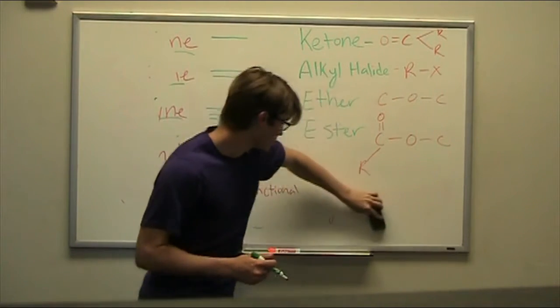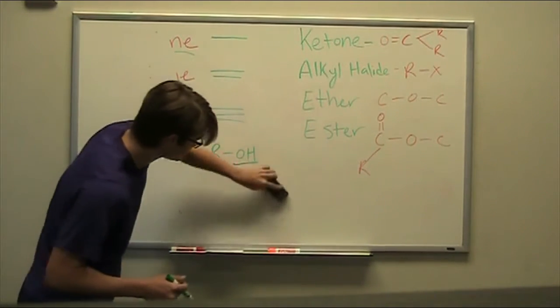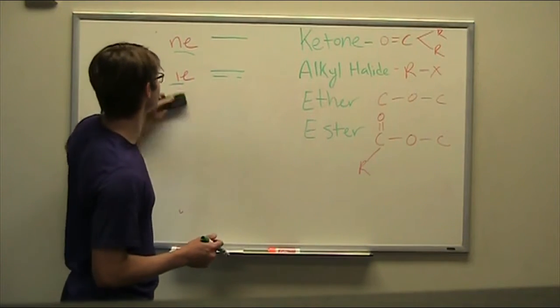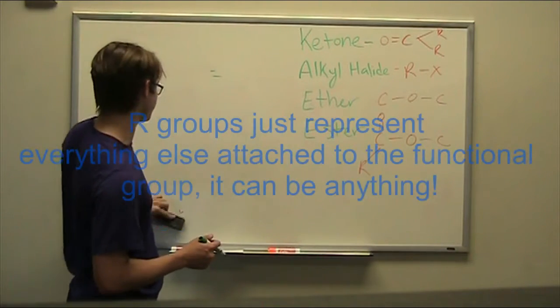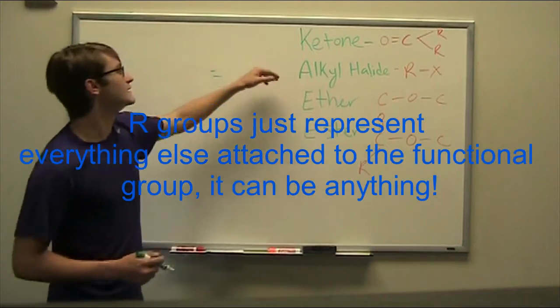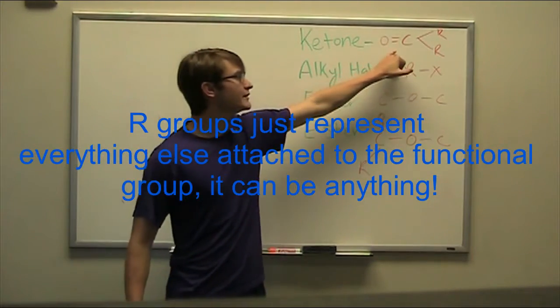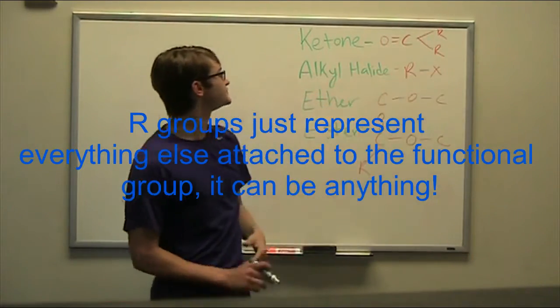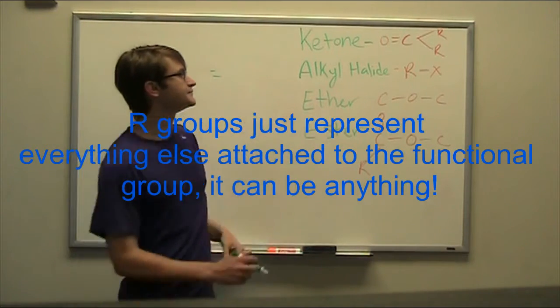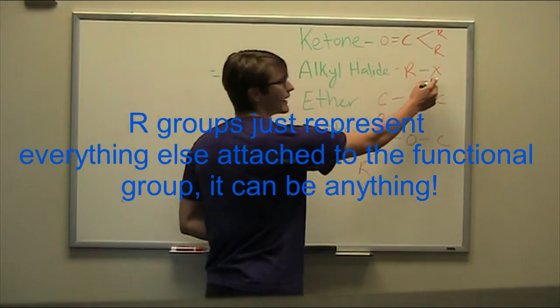These over here are going to be new to you, and I highly recommend you memorize them. It's the ketone, and you have the carbonyl with two R groups. Alkyl halide, and we're going to get on to what halogens are.